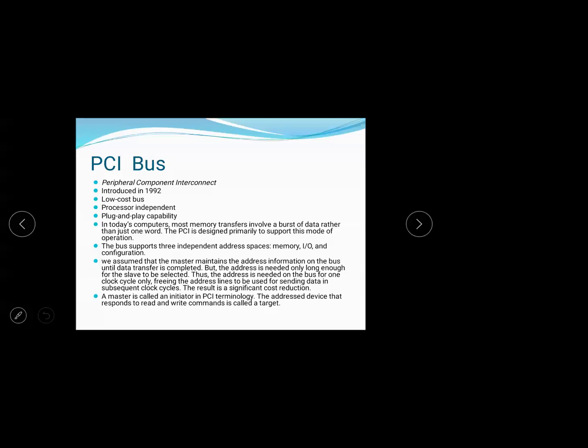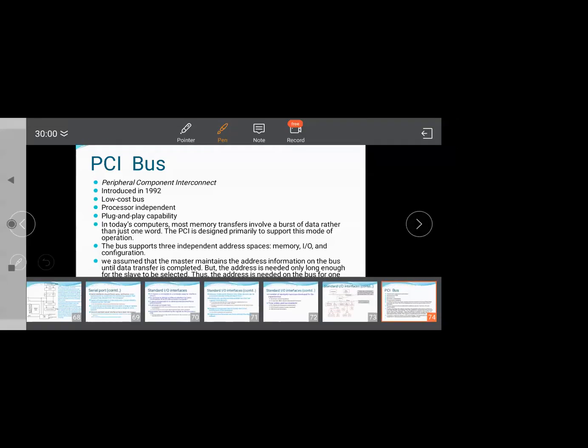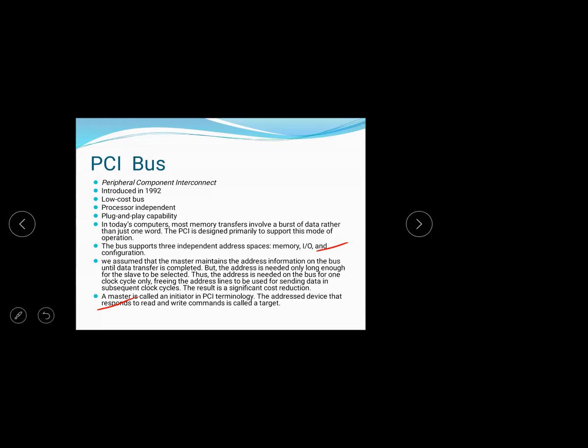PCI bus. The bus supports three independent address spaces: memory, I/O, and configuration. The master is called the initiator, who initiates the transmission. The addressed device is called the slave or target device. Here in this case, master and target.